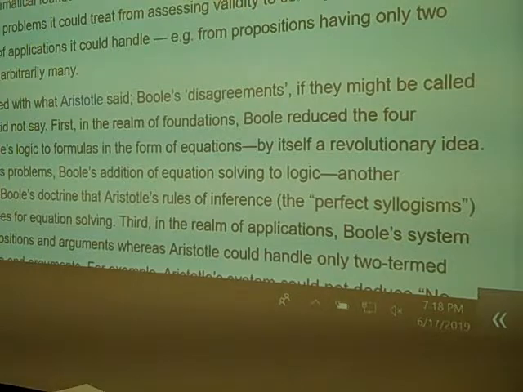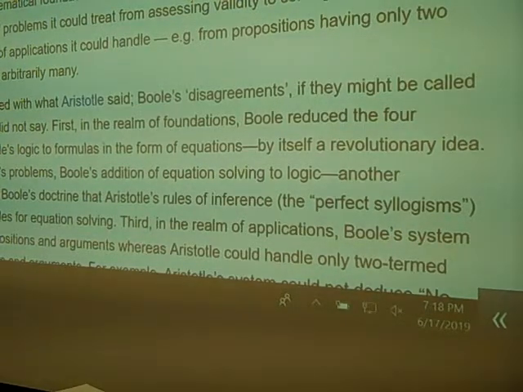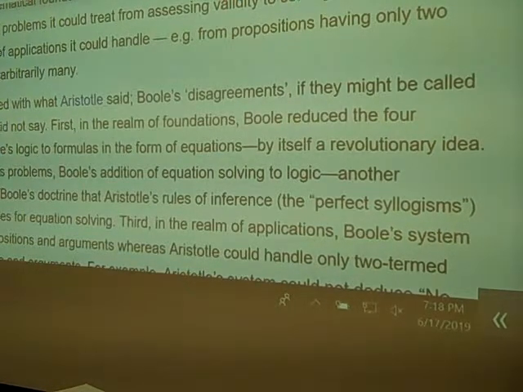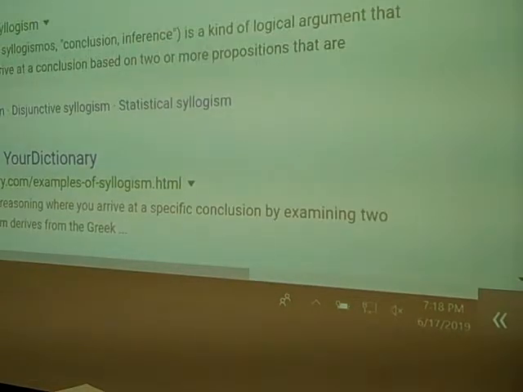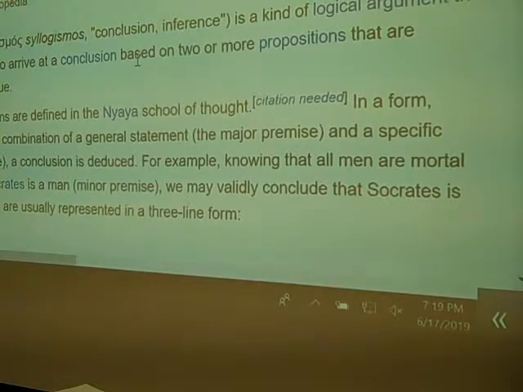But let's look at chapter 6, and what we're doing now are syllogisms. So the classic syllogism that everybody's probably heard before, even if you didn't know it was a syllogism, is all men are mortal, right? Socrates is a man, therefore Socrates is mortal.